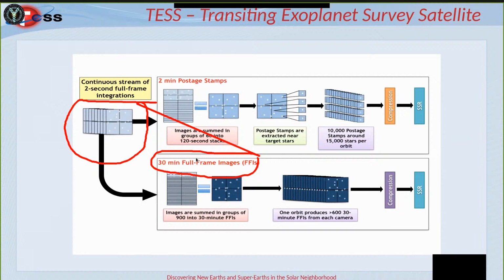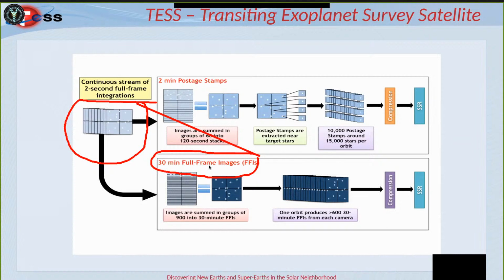The net exposure time of the full frame image is 30 minutes, which means that the cadence is also 30 minutes. So we cannot really see short variation, so variation with very short time scales.